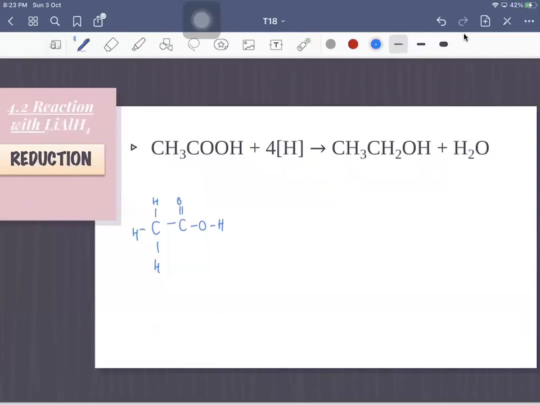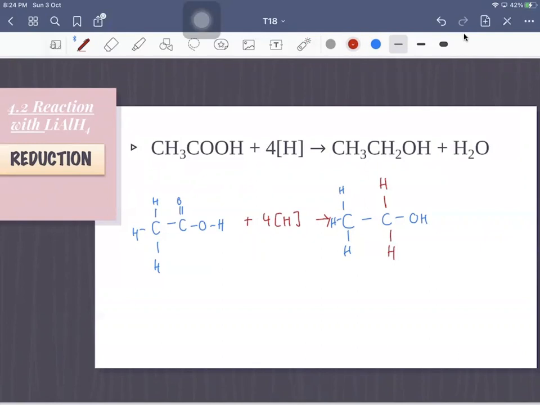Then you add 4 hydrogens to give you the alcohol. I'm just going to draw what's already on the molecule. Since it becomes an alcohol, you will be adding hydrogens.